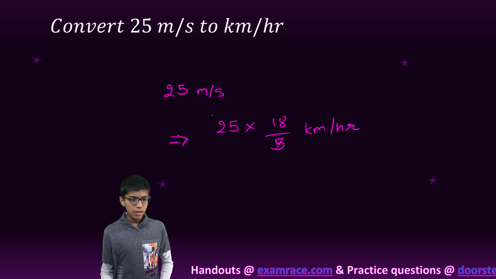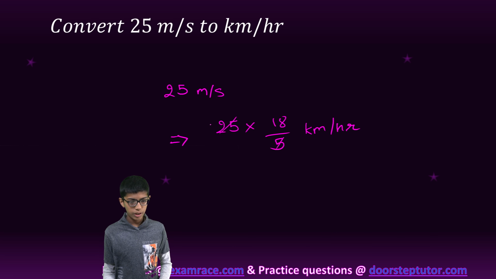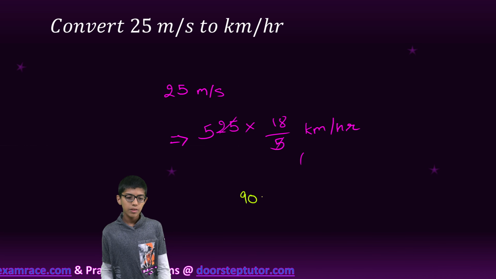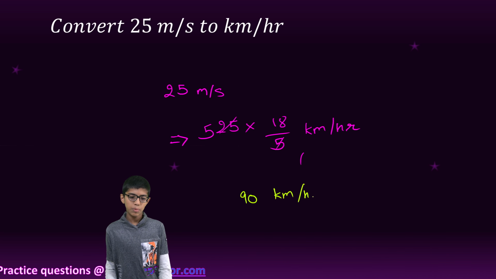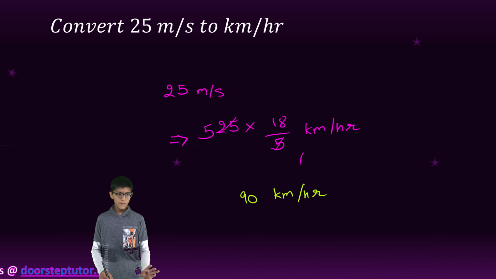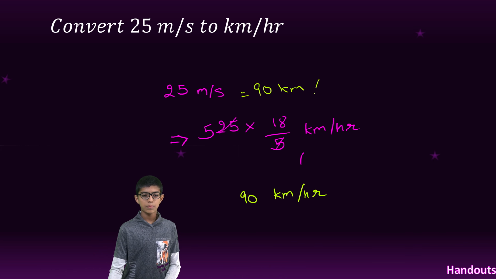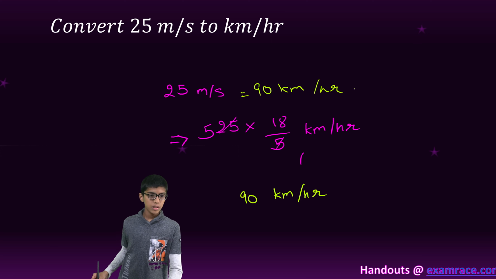We can cancel 5 and 25, 5 and 1, and we get 90 kilometers per hour. So 25 meter per second is equal to 90 kilometers per hour.